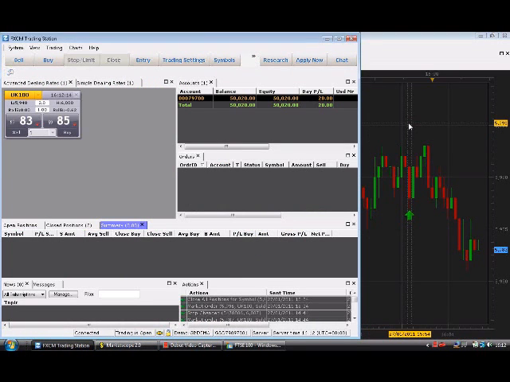Okay, so now what we're looking at is my trading platform. Bear in mind, this is a demo account, so the 50,000 balance that you see isn't mine. It's paper money. By law, we are not allowed to show our live account.